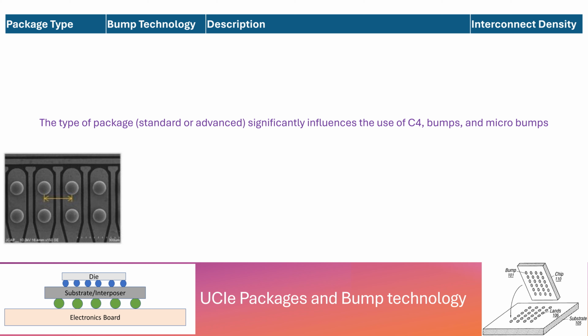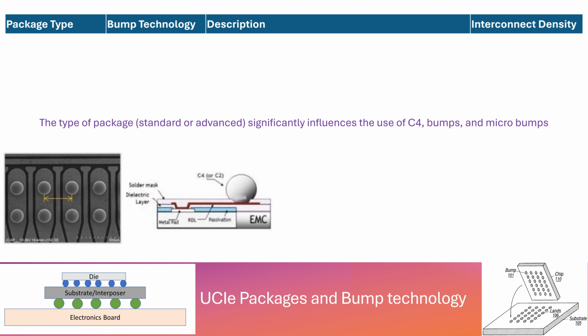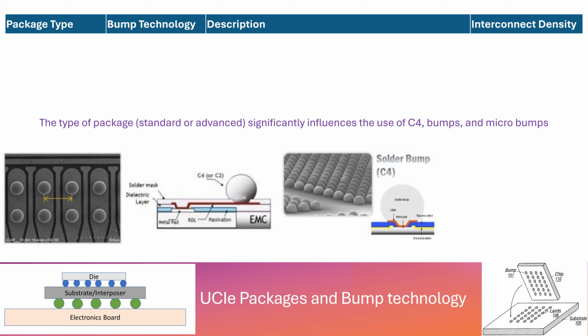We also have in this diagram a connection from the pad to the bump. The red color we call the redistribution layer or RDL. This bump can be either C4 or C2, but the RDL is what I'm showing here. Now this is a diagram of a C4 bump.